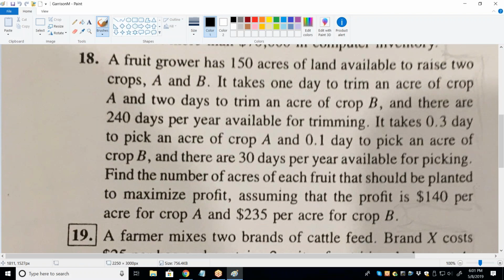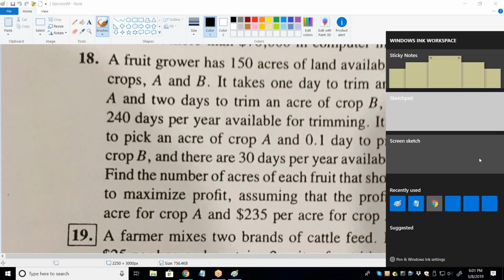I think once we set it up, you will realize that you can solve all of them. So if we read through this, we realize that we're trying to maximize profit again.